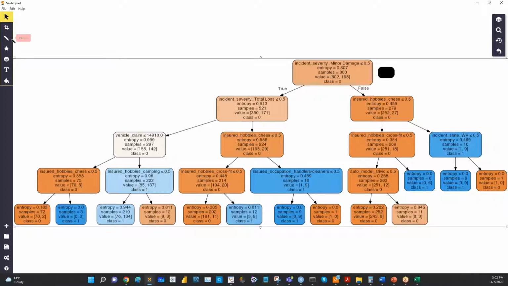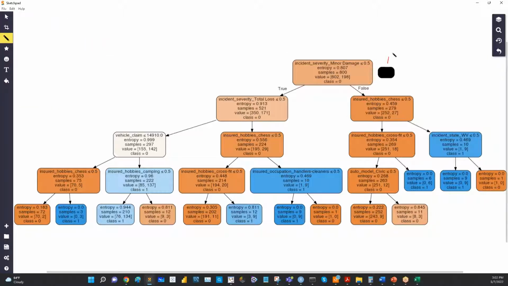So as you see, this is our target variable. We started with an entropy of 0.8. Then we split on incidence severity: less than or equal to 0 is true, above 0 is false, etc. Then we split again, and we got a class.